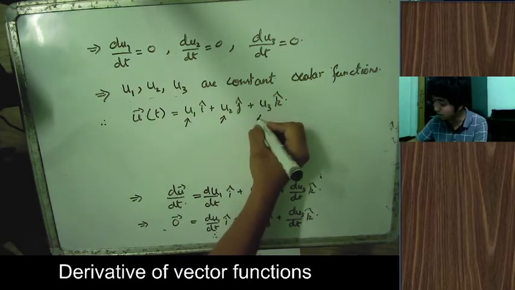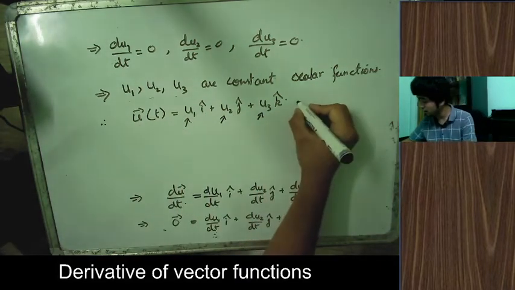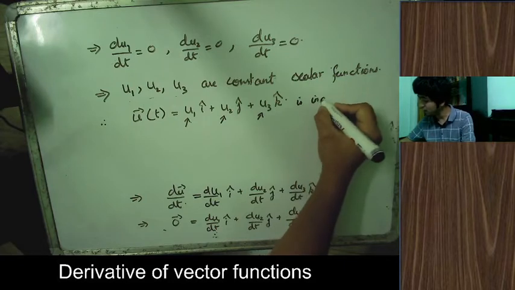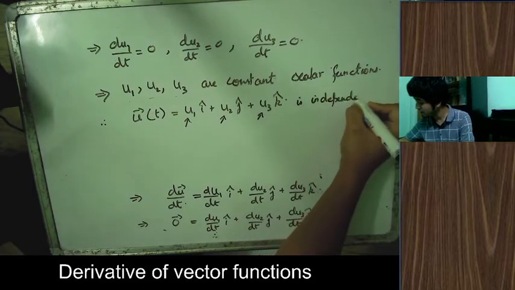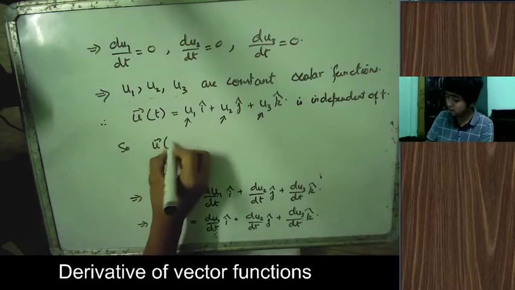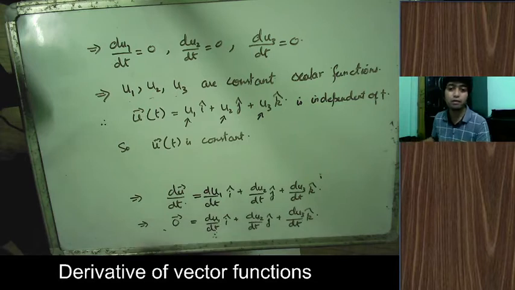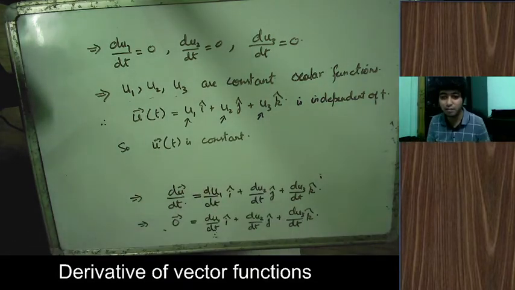So this whole thing is independent of t. So it is constant. This is what we wanted to show. So we are done with theorem number 1.